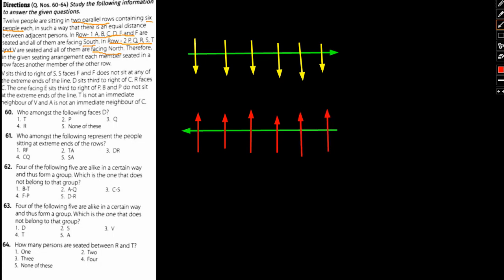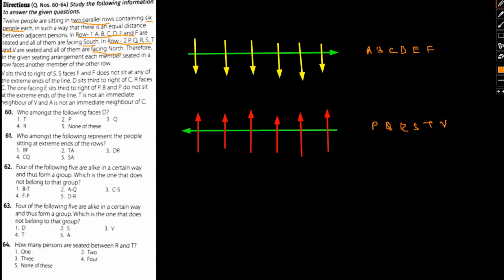Okay, so these 12 people are sitting here. In this row we have A, B, C, D, E and F. In this row we have P, Q, R, S, T and V.